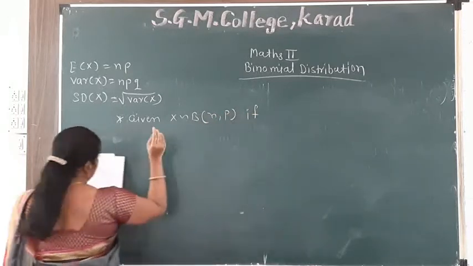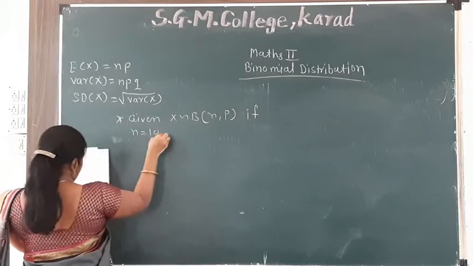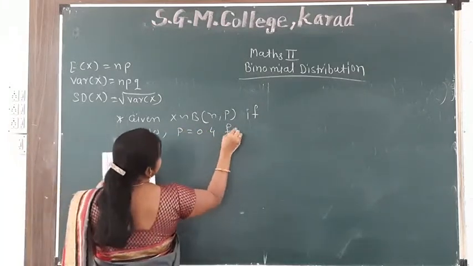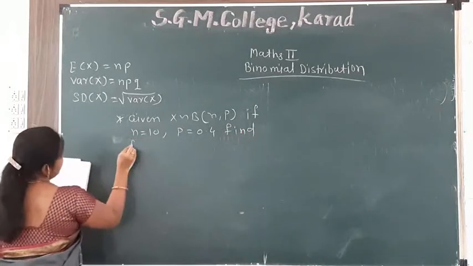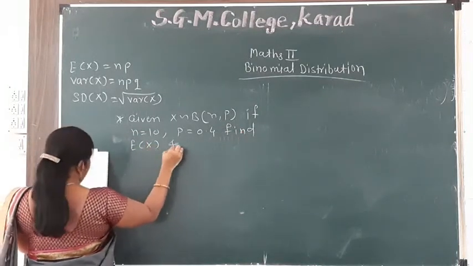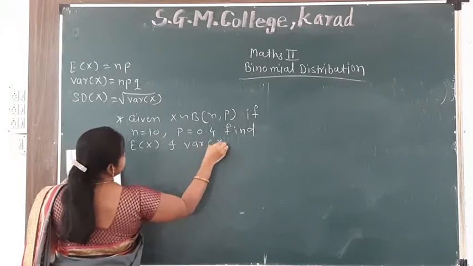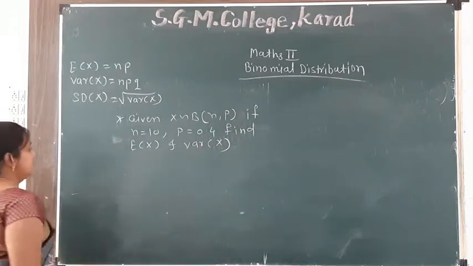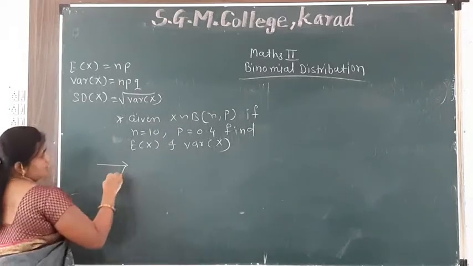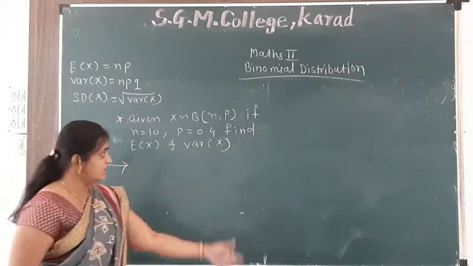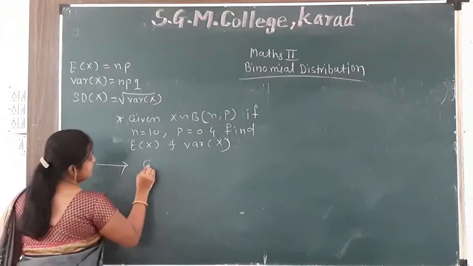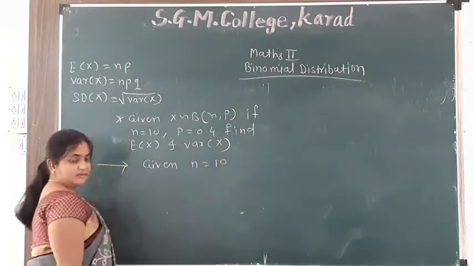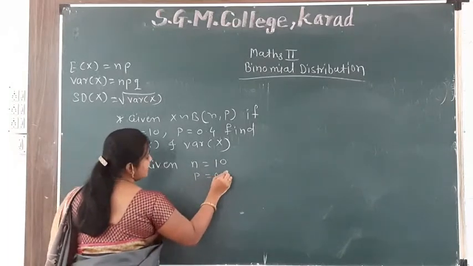If n is equal to 10, p is equal to 0.4, find E of x and variance of x. So here, what is given? X is a binomial distribution with parameters n and p. Given n is equal to 10 and p is equal to 0.4.